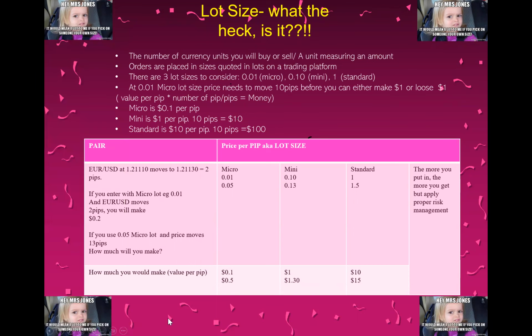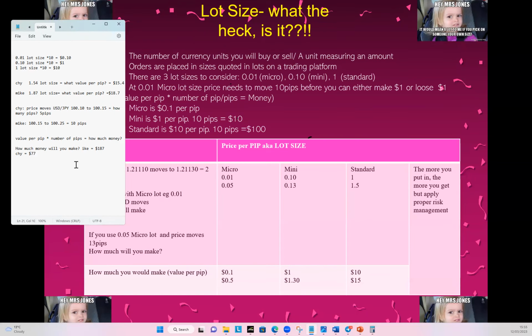So question for you. Oh, you've closed it. Go ahead. Because we already did the multiplication in the beginning with the value per pip. So there was no need to do it again.